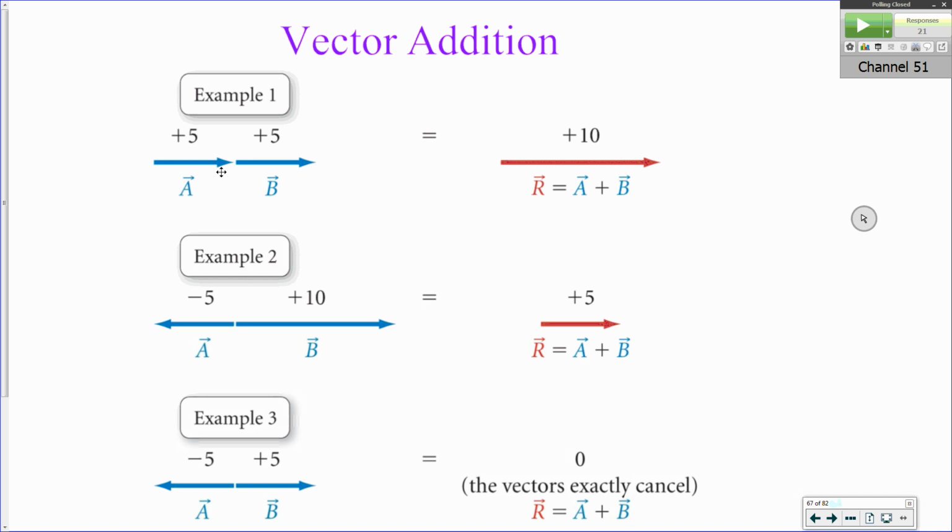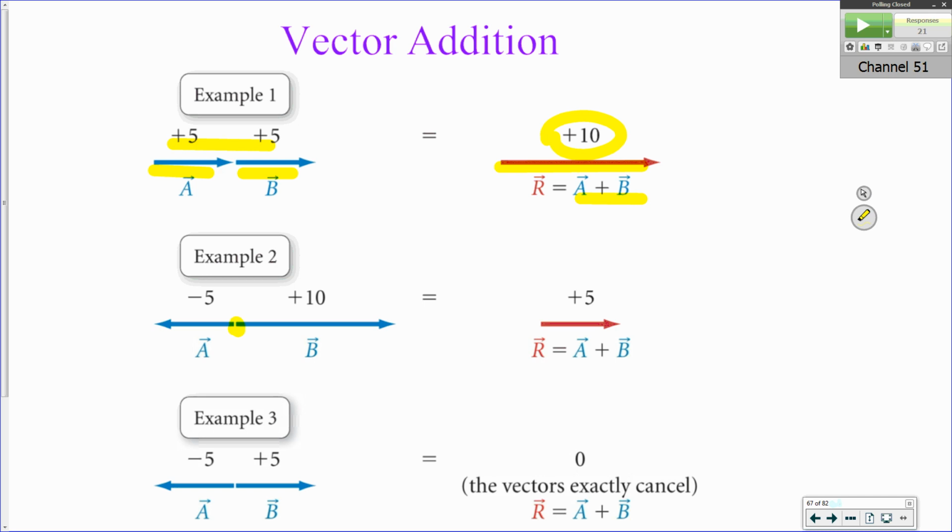So if we have a vector going to the left, and we add another vector going to the left, and they each have a magnitude of 5, the resulting vector is going to the left with a magnitude of 10. So they're going in the same direction, you add the two things together. And if you have some that are going in opposite directions, they're going to cancel out.